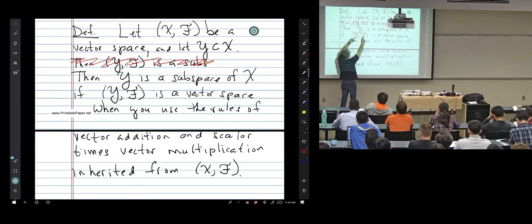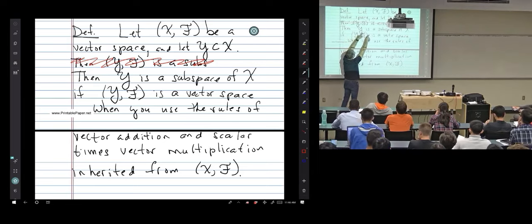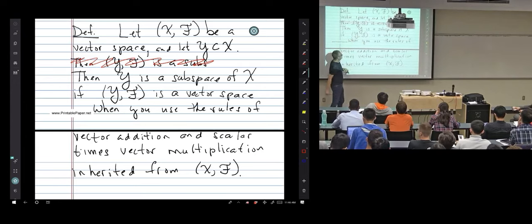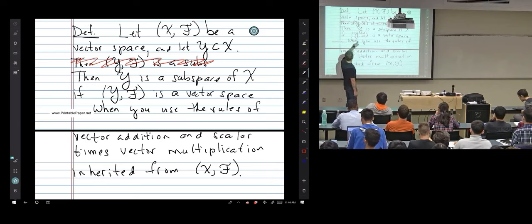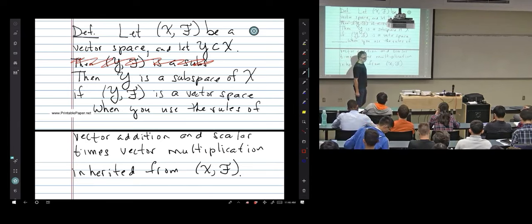And if it's in Y and it's in the field, I know how to multiply them because I know how to do multiplication in X. That's what it means. You just can't change the rules. You have to play by the same rules. That's all the definition says. It's a subset. You play by the same rules that you have in the bigger vector space, then this becomes a vector space. That's a subspace.